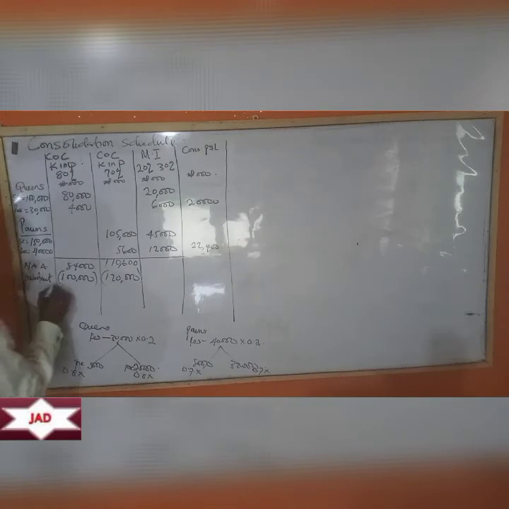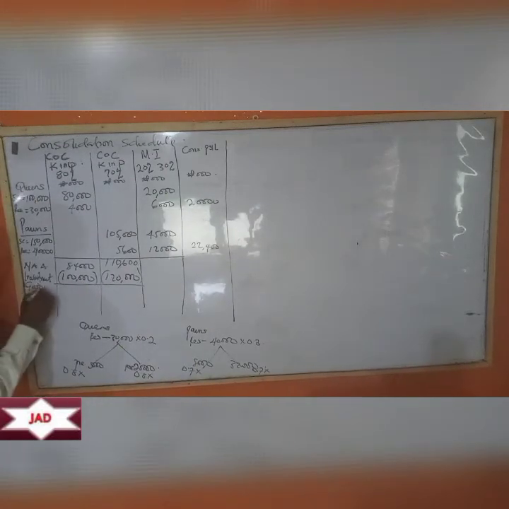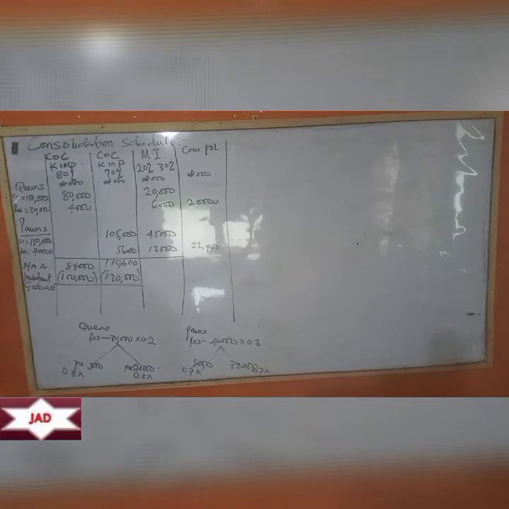So this, of course, is our goodwill. So we have 100,000 minus what? 84,000. 16,000.